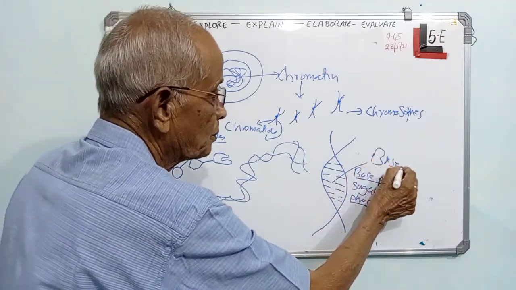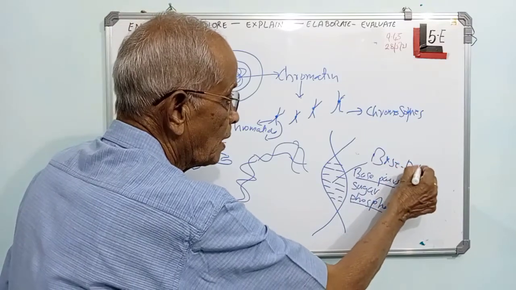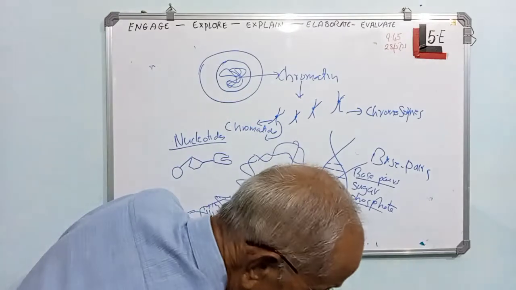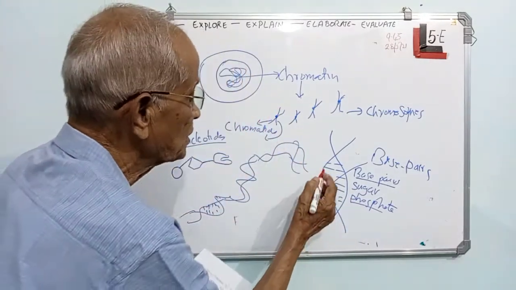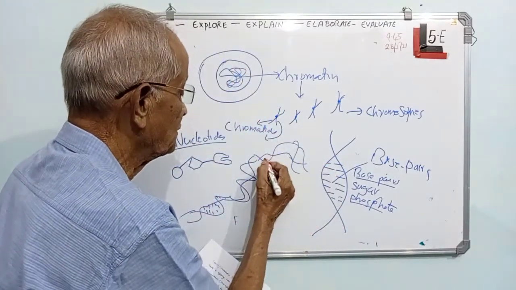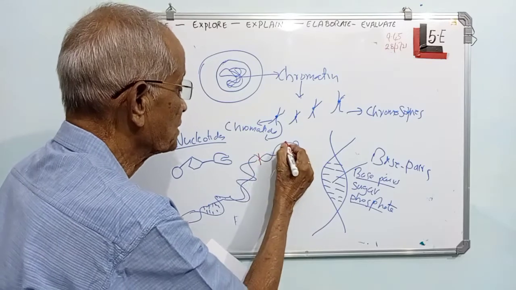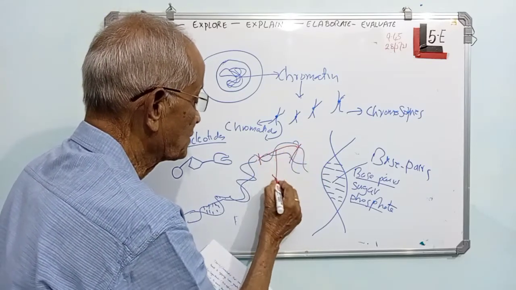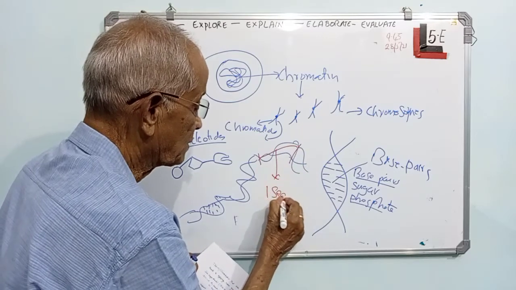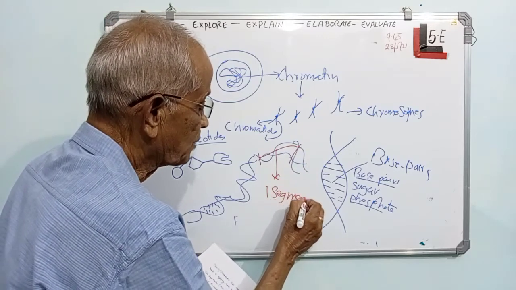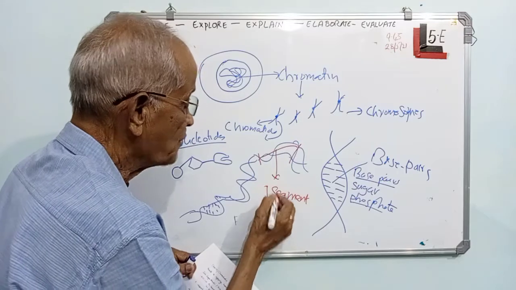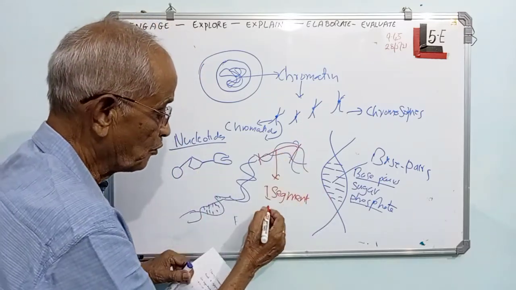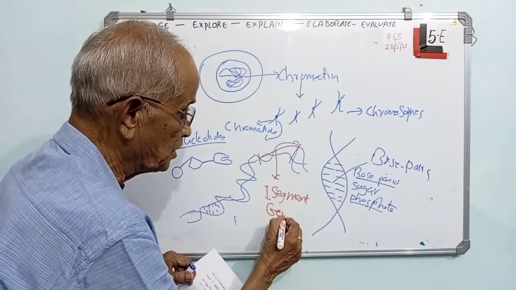There will be very large number of base pairs in that, and some length may be a shorter form. Supposing if you take this chain from here to here, maybe this may be one segment. This segment having a number of nucleotide sequences will be called by name gene.